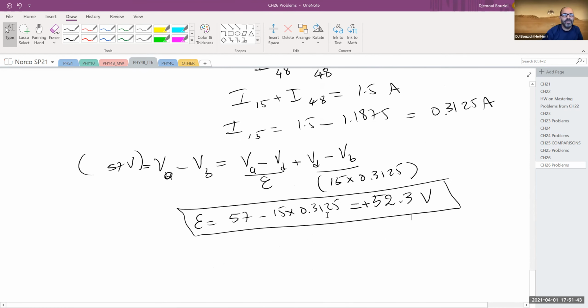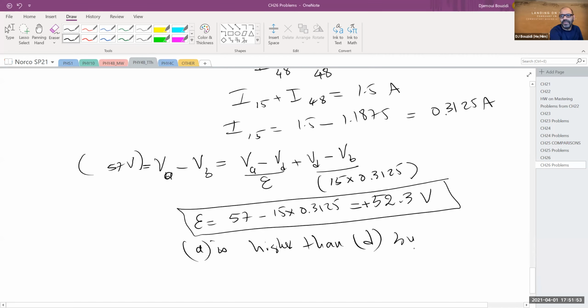Because the point A is higher than D by 52.3 volts, by this number. So that is the EMF, so the direction of the polarity is correct.